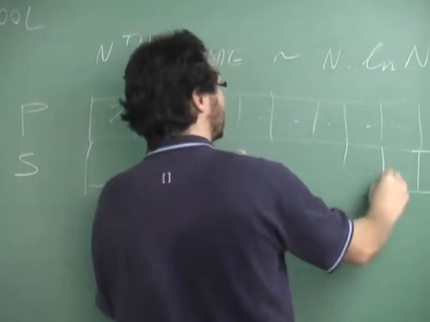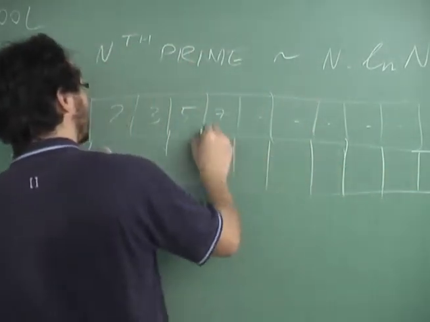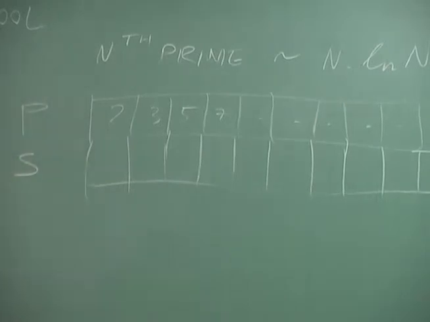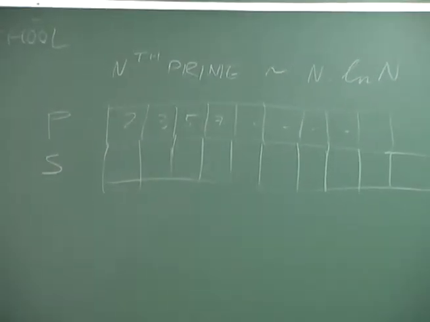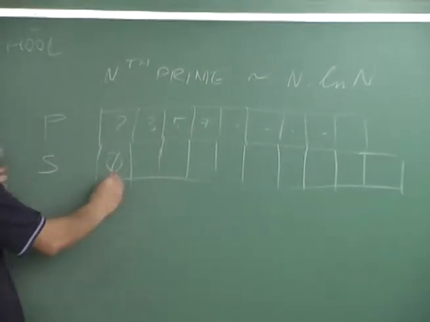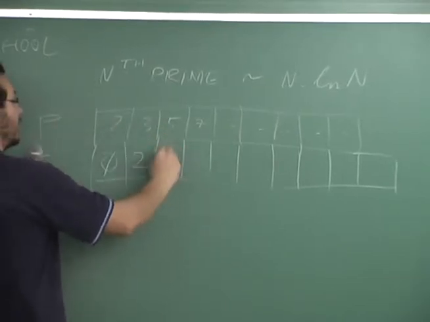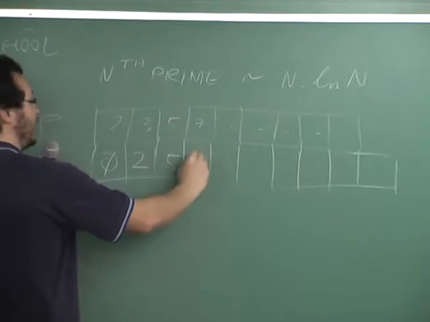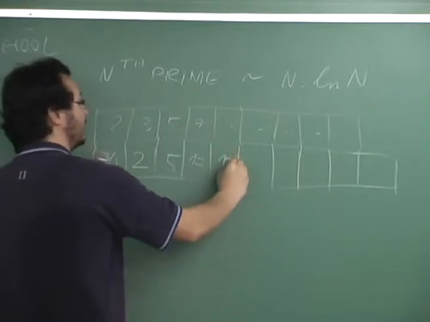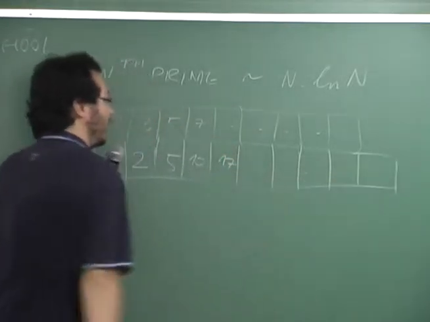So we take a new array that will be one cell longer, and we compute the sum of the first 0 primes, which is 0, the sum of the first 1 prime, which is 2, 2 plus 3 is 5, 5 plus 5 is 10, 10 plus 7 is 17, and so on.